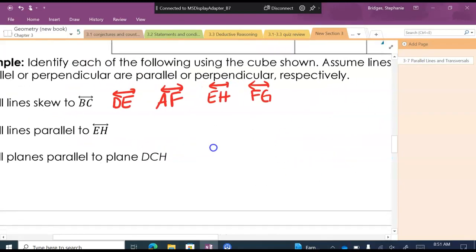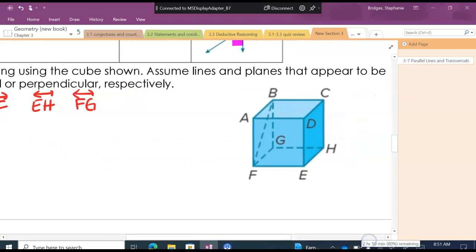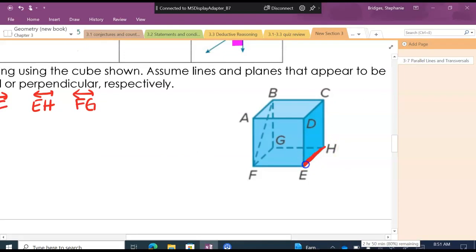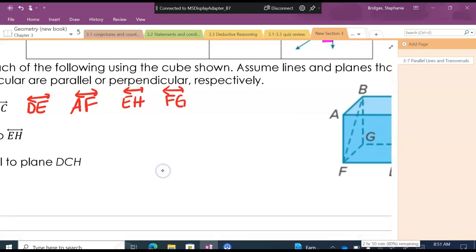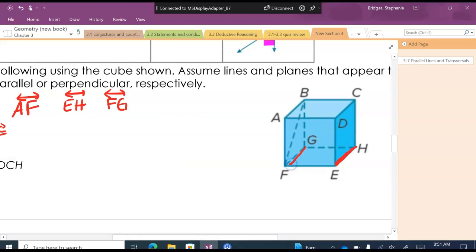All right, let's look at the next one. We want all lines parallel to EH. Here's EH, maybe. Okay, so give me a line that's parallel to that. GF, okay. Or FG, remember the order of the letters doesn't matter. What else is going to be parallel? AB, and then what else?